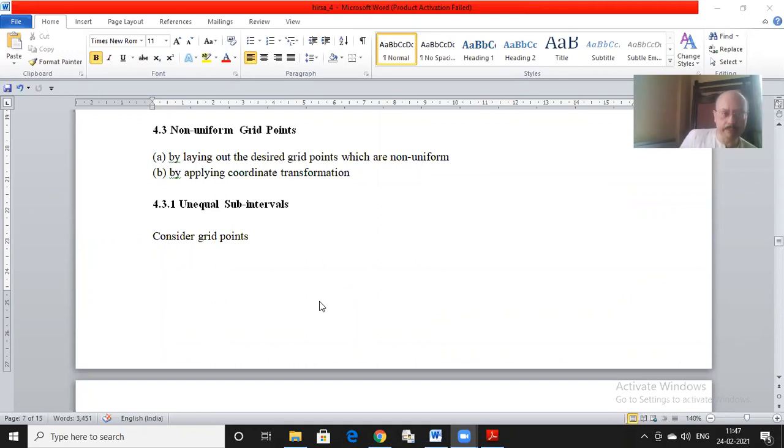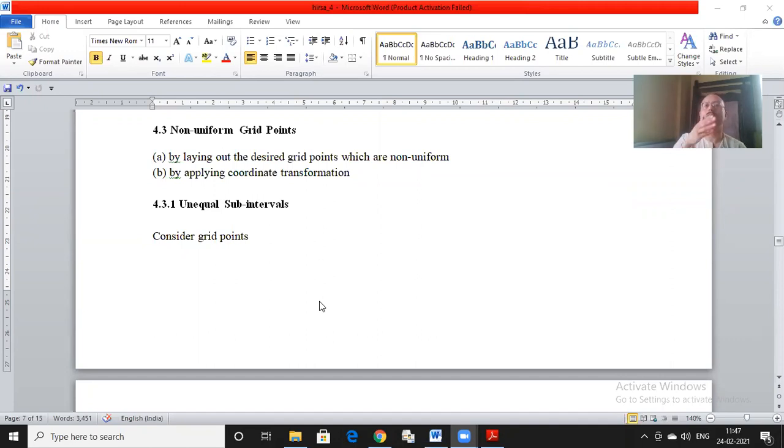The other way, which is more elegant, is using a coordinate transformation. If you recall the standard transformations, like a sine curve or a tangent curve, those transformations typically make the grids non-uniform.